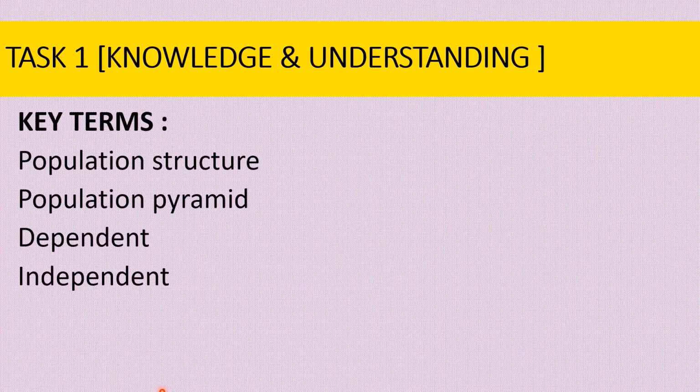Dependent: those people in the population who are not economically active, that is, not working, and so rely on those who are working for their needs. The last is independent: those people in the population who are economically active, the working population.